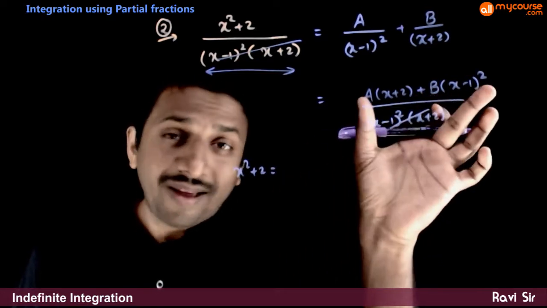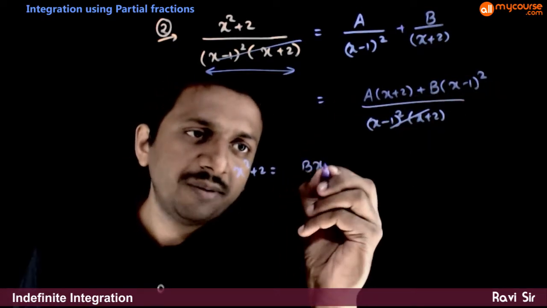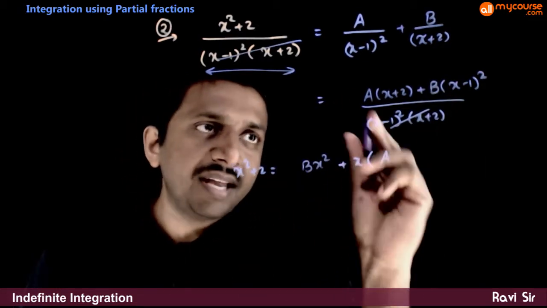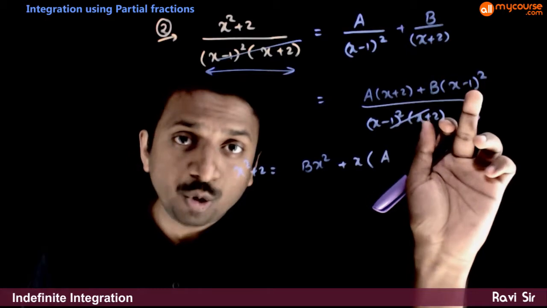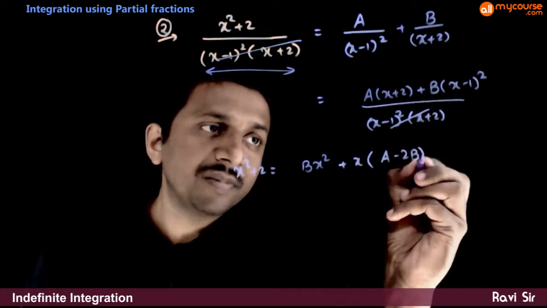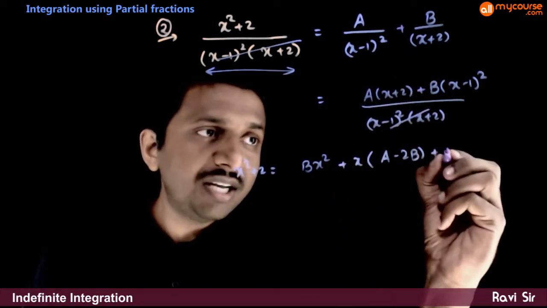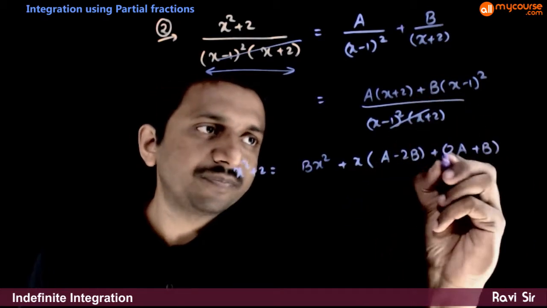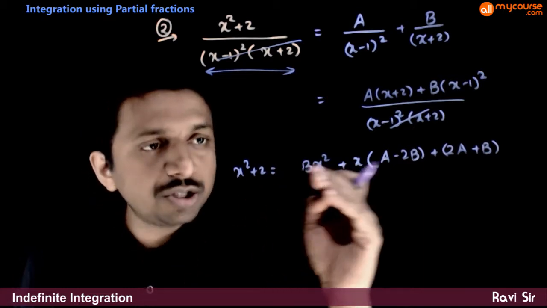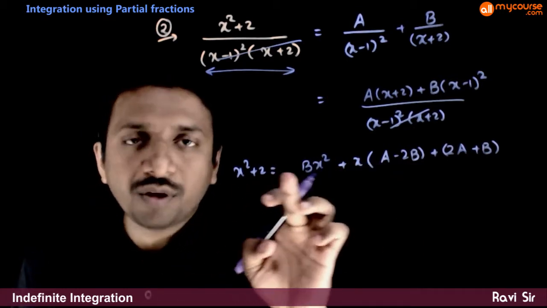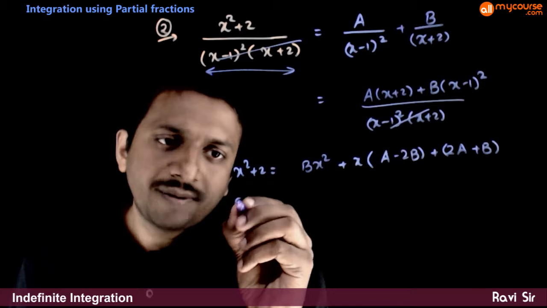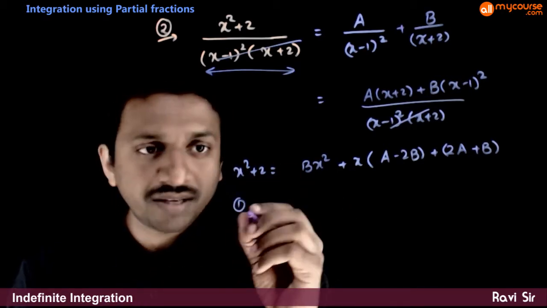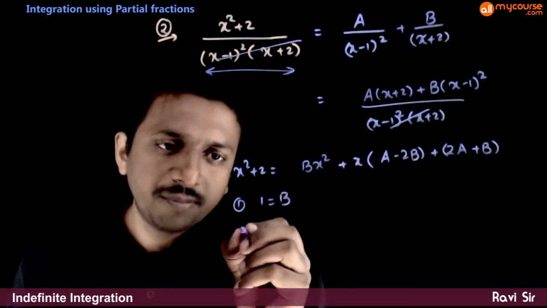If you expand this, you get bx square, plus with x you have an a here and a minus 2bx, so a minus 2b, plus the constant term, which is 2a plus b. Now if these two have to be equal, each of the coefficients has to be the same. The first equation is the coefficient of x square: 1 is equal to b.